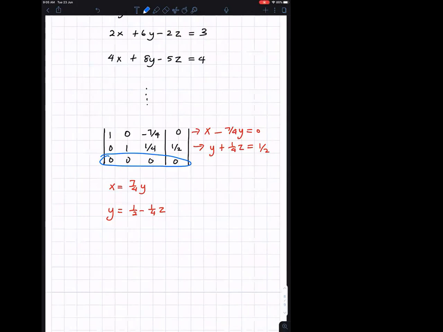there's no specific value for z. It can be chosen arbitrarily.